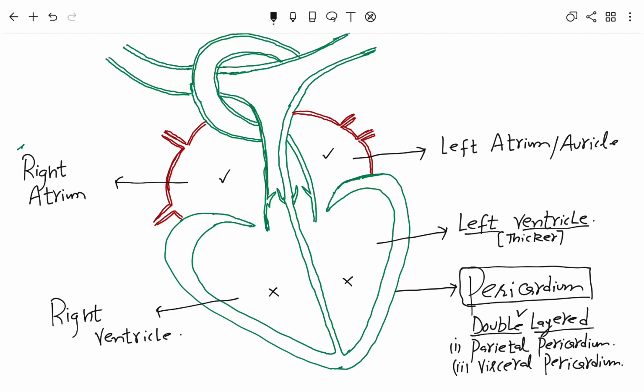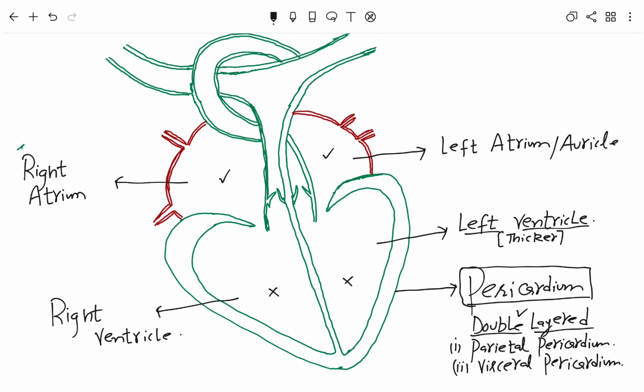Now let's understand the circulation of blood. Then only we will be able to understand the different functions of the different parts of the heart. When the body uses oxygenated blood for the process of respiration, then with the help of oxygen our body will perform the process of respiration. So finally carbon dioxide will be produced.